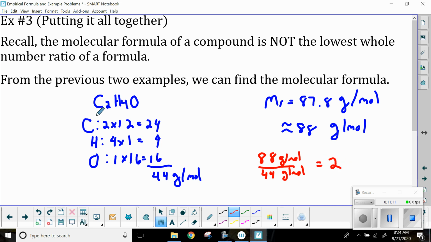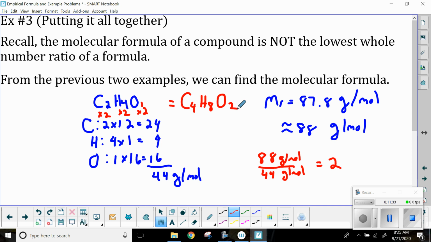So that's just going to mean that in my molecular formula, I'm going to double the amount of each one of those elements. So my new molecular formula will be C4H8O2.